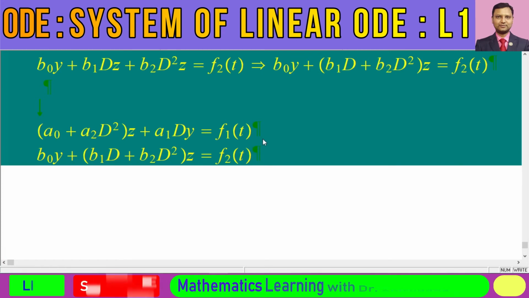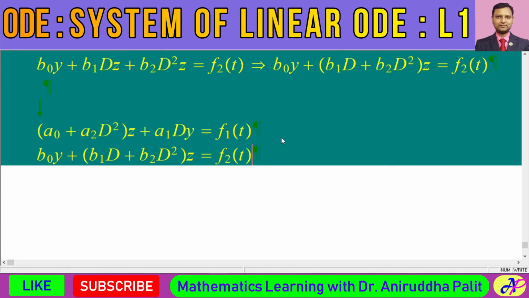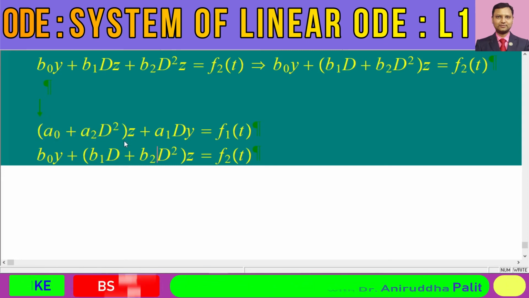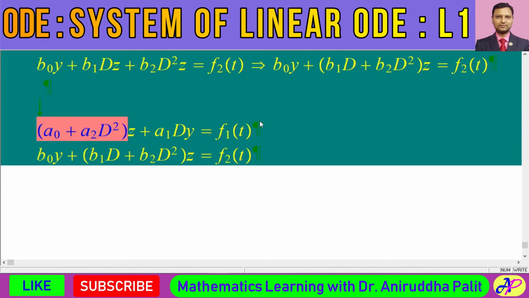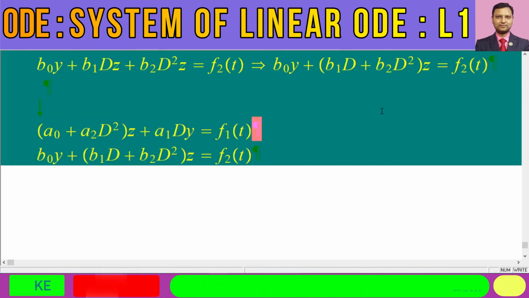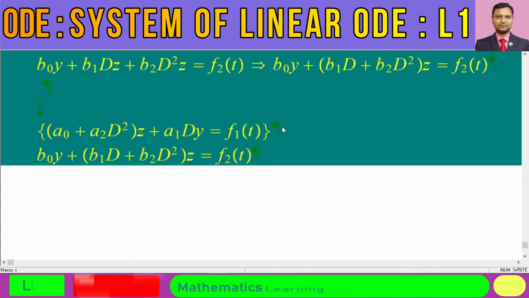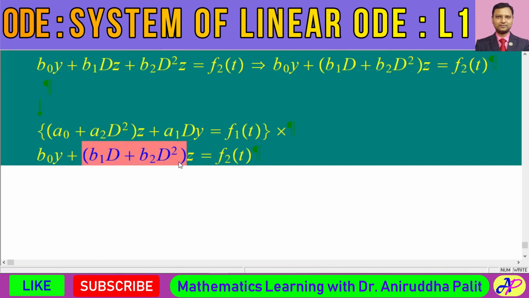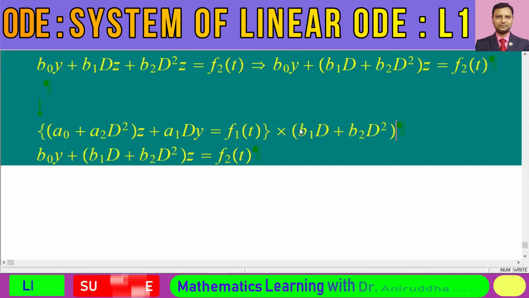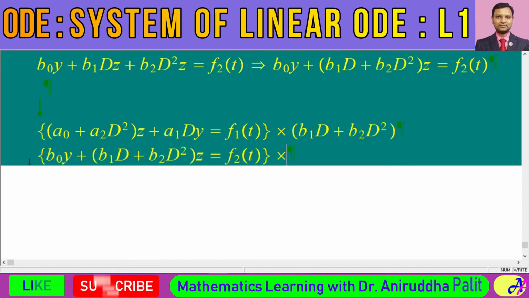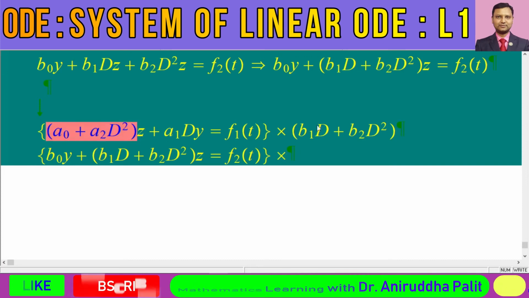Now, in order to eliminate z, what should we do? As if this is a number, then what we did in the earlier case was multiply this first equation by this kind of operator, and this second equation by this kind of operator.